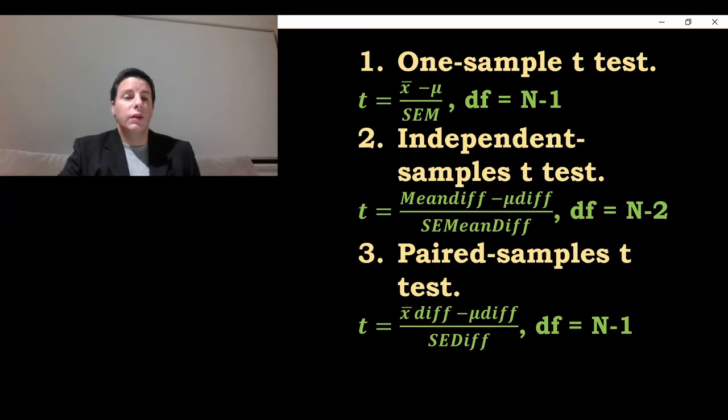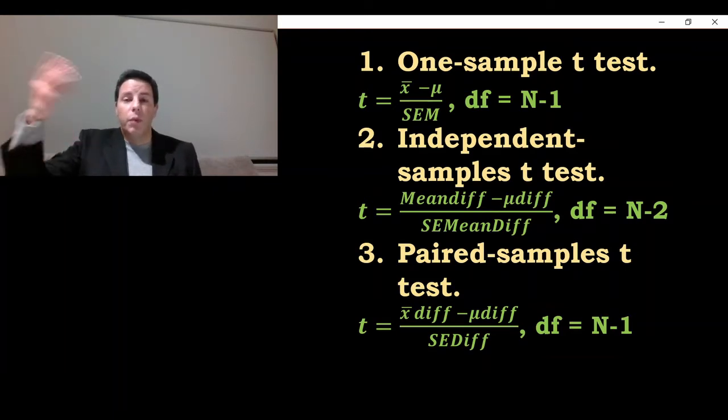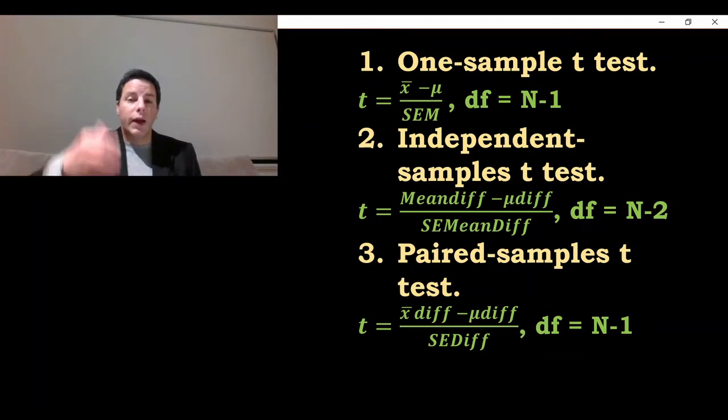So basically in this case we've got a sample and we want to see whether the sample that we have is different from a population. So this sample came from a specific population, and that population we give it a mean. That's the mu.